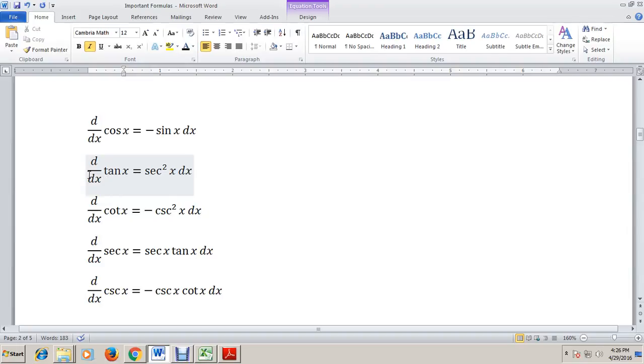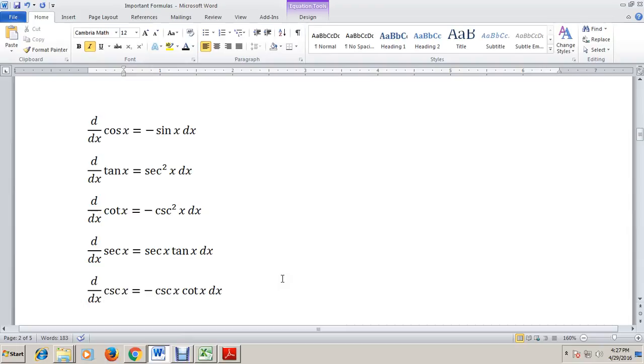For example, the derivative of tangent x is secant squared x dx. The derivative of cotangent x is negative cosecant squared x dx. The derivative of secant x is secant x tangent x dx. And finally, the derivative of cosecant x is negative cosecant x cotangent x.